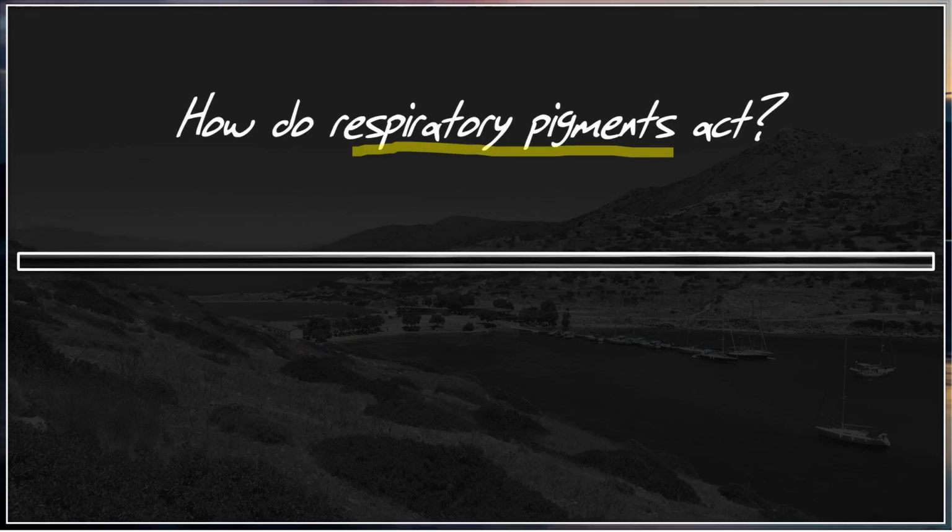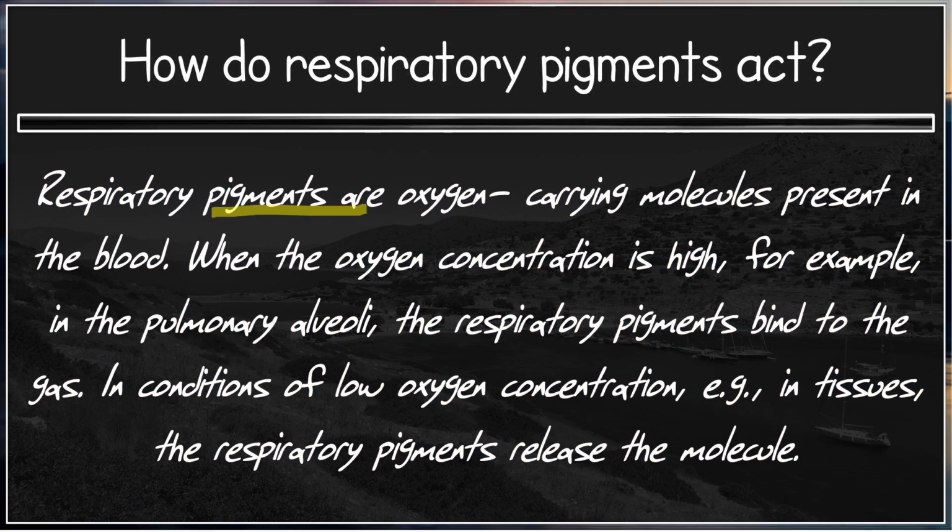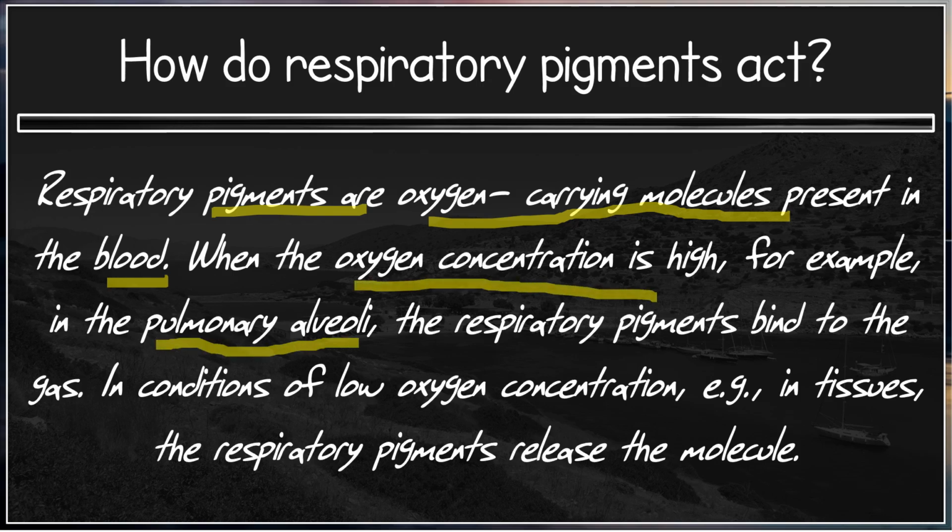How do respiratory pigments act? Respiratory pigments are oxygen-carrying molecules present in blood. When oxygen concentration is high, for example in the pulmonary alveoli, the respiratory pigment binds the gas.